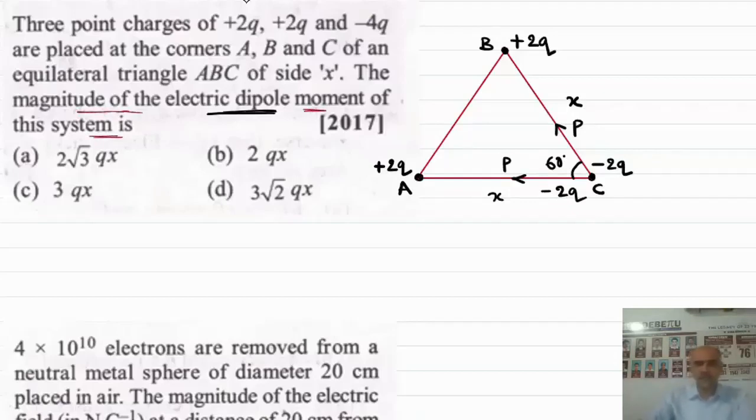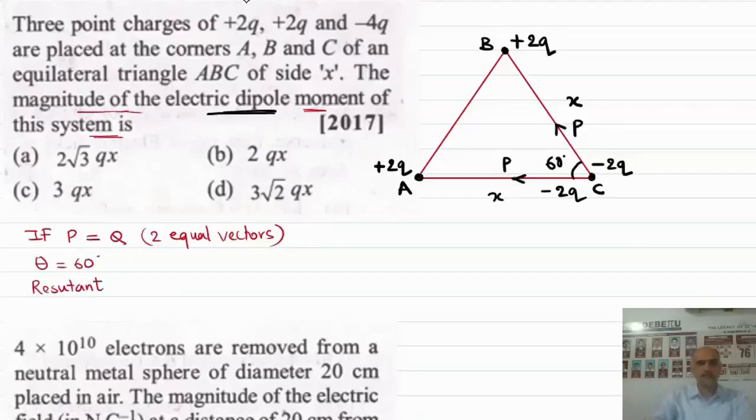Now if two equal vectors are there, if P is equal to Q, meaning two equal vectors, and the angle between them is 60 degree, then the resultant R is given by root 3 into P. R is given by root 3 into P.